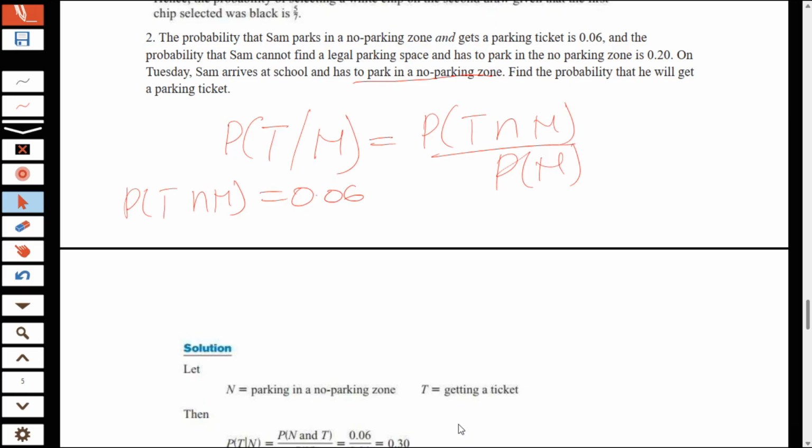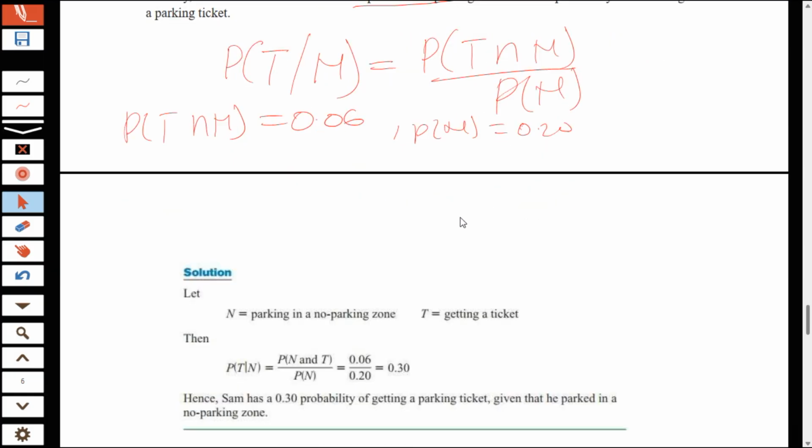So here N is parking in a no parking zone, so the probability of parking in a no parking zone is 0.20. So right now we have 0.06 and 0.20.